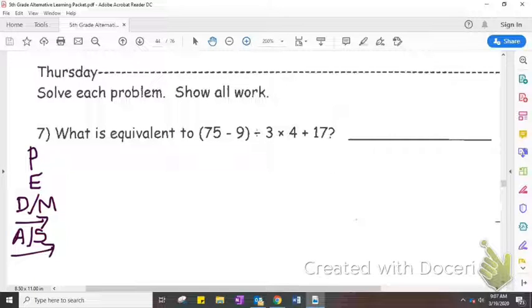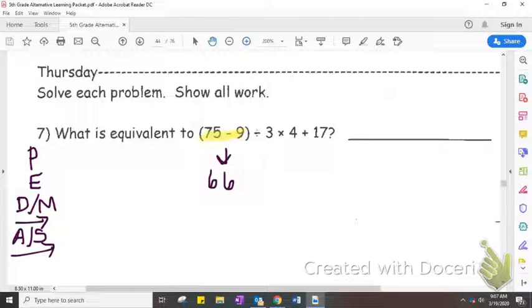Okay, so the first thing I'm going to start with is parentheses, 75 minus 9. 75 minus 9, 66. Okay, I don't need the parentheses anymore because there's nothing right adjacent to it that I would need to multiply, so I can abandon them now.